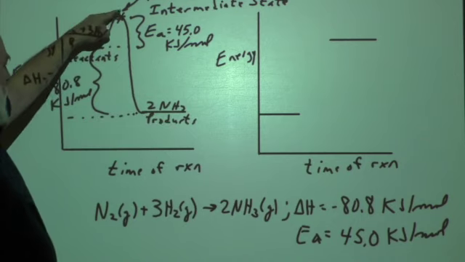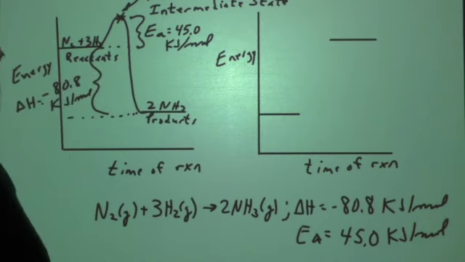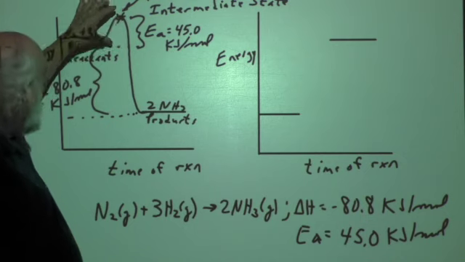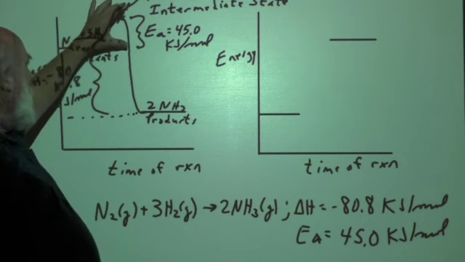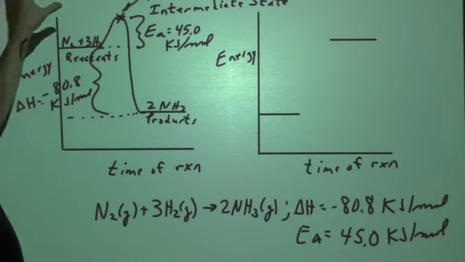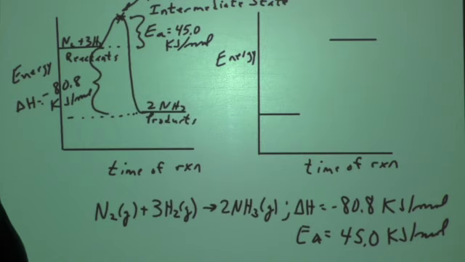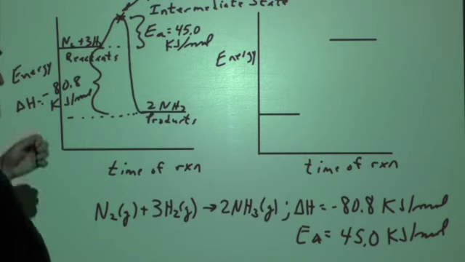In the middle, the hump is created, goes up and then down. This difference of levels is your delta H. This difference between the reactant level and the very top is your activation energy. This is how you draw a heat content diagram or potential energy diagram.